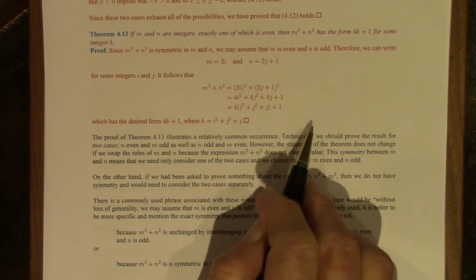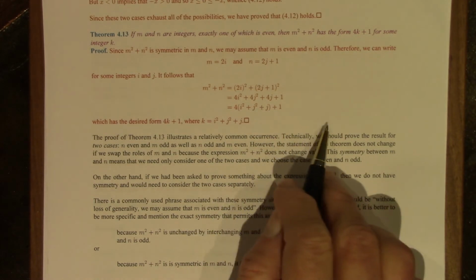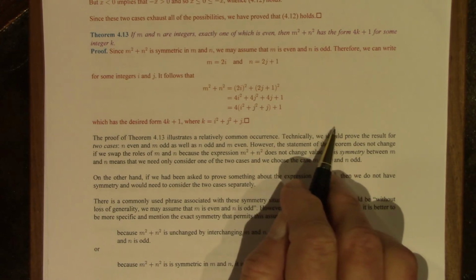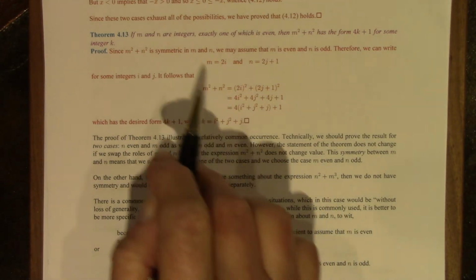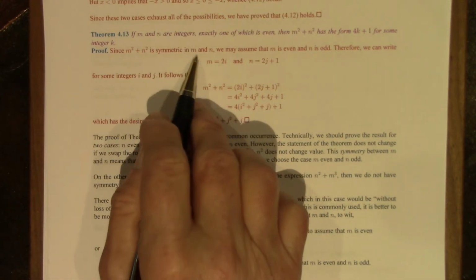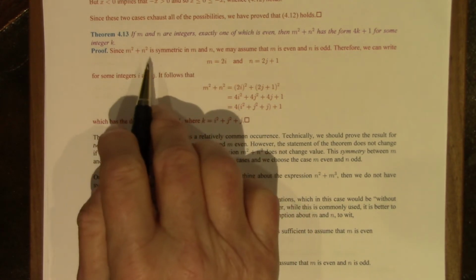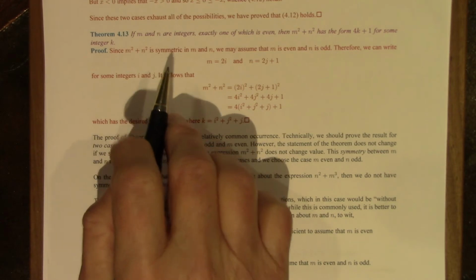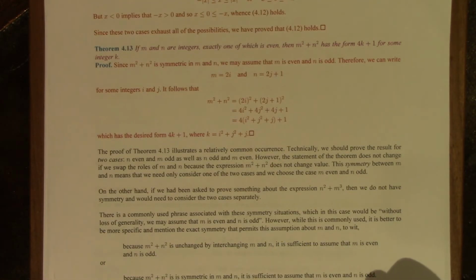Some might say the proof is identical, but it's not really identical. That's okay. It's common practice to do that, but I don't think it's as clean as this way, that you mention ahead of time you don't need to do both scenarios because of the symmetry, rather than do one scenario and then afterwards say, well, we don't need to do the second one because the proof is essentially the same.